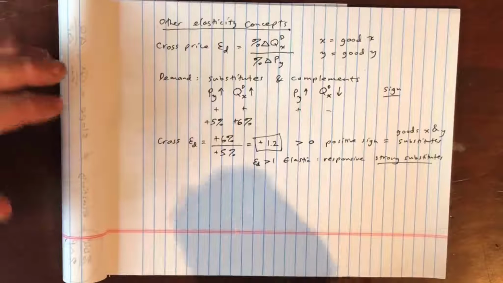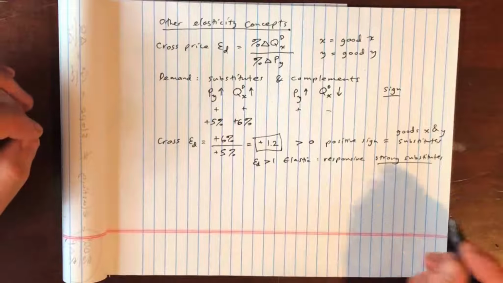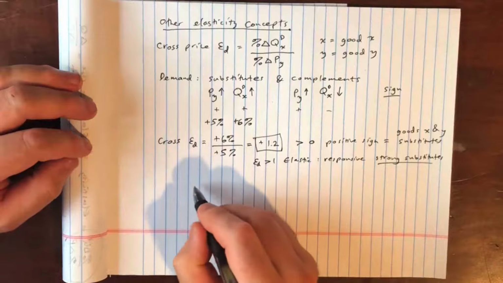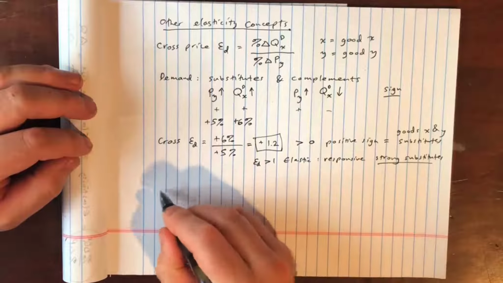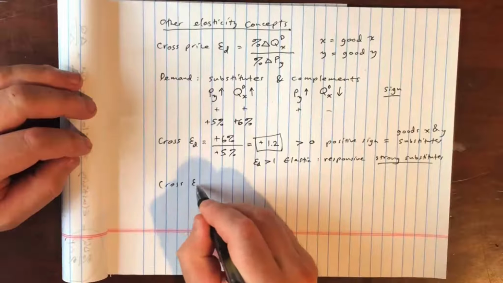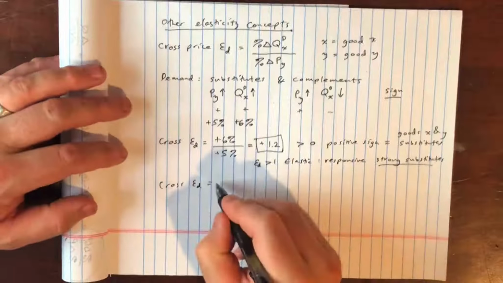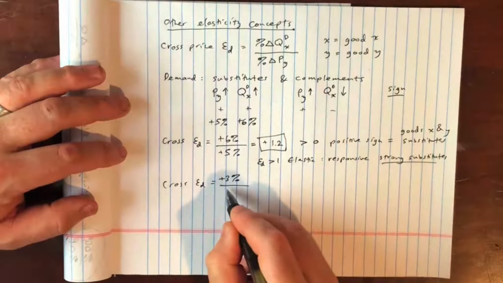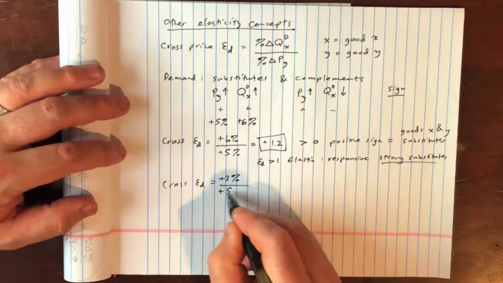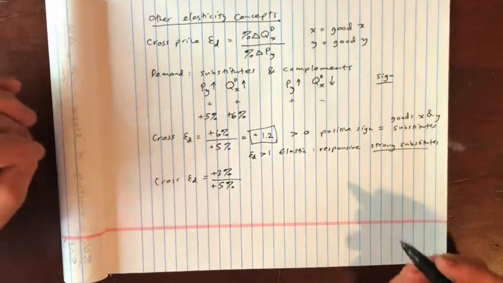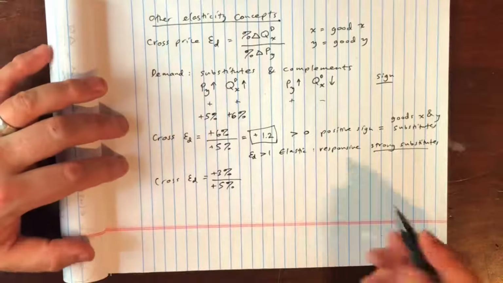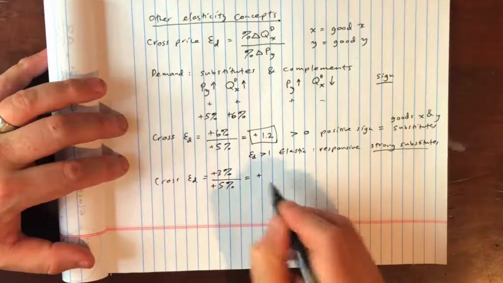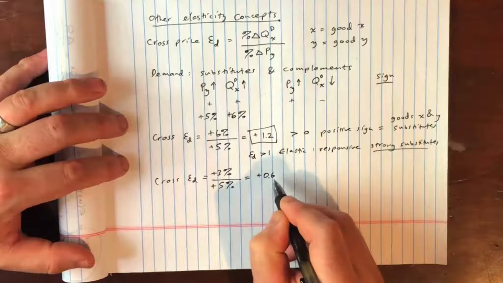If it had gone the other way, let's say the cross elasticity of demand had been different. Let's say it had been only a 3% change, still positive, but only 3% versus that same 5% increase in the price. Now we would still get a positive result, but it's only 0.6.